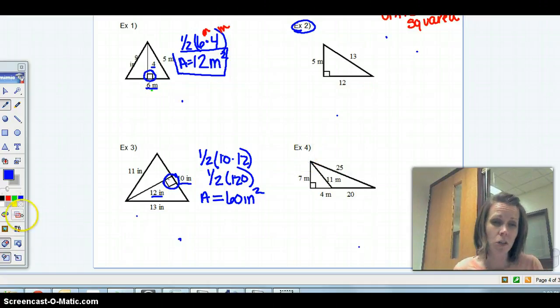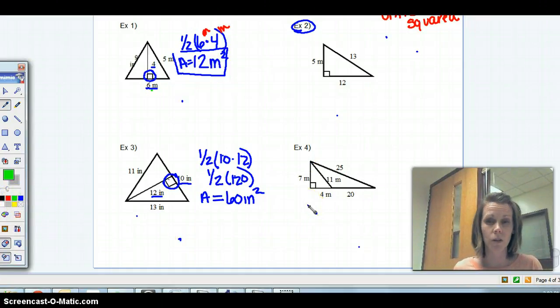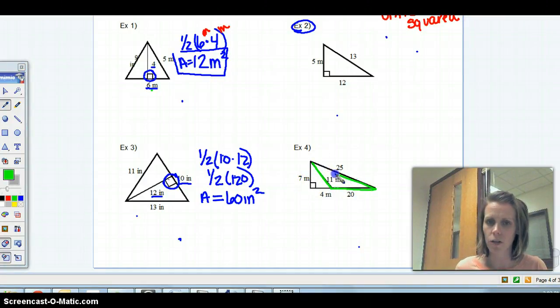The reason I want to show you this one too is because this one plays tricks on you a little bit. So if we are looking at this shape, it's actually drawn some separate lines outside of the actual triangle. If I were to trace the actual triangle, this is where it would be. So these lines are drawn because there was no way to find the perpendicular height within the actual triangle.